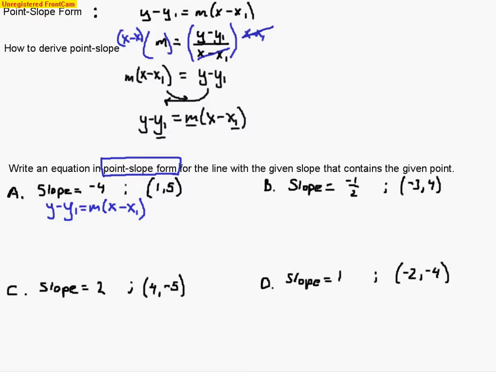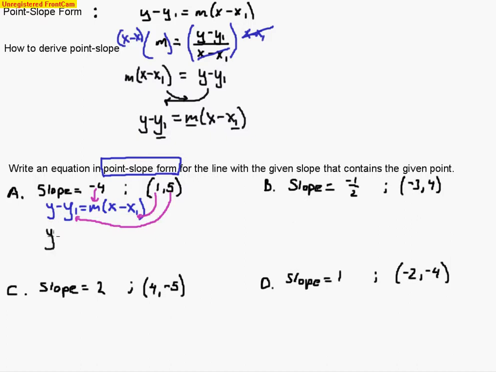So we're going to take the slope, which in this case is -4, and this number here is going to go in for m. Here is our x value, and that's going to go in for x1. And then here's our y value, and that's going to go in for y1. Then we rewrite the problem with those numbers substituted into the equation.